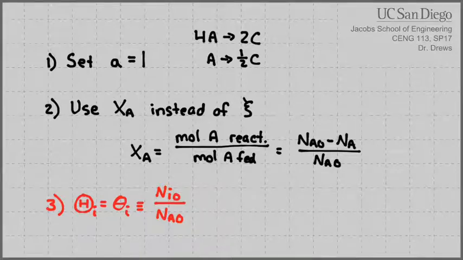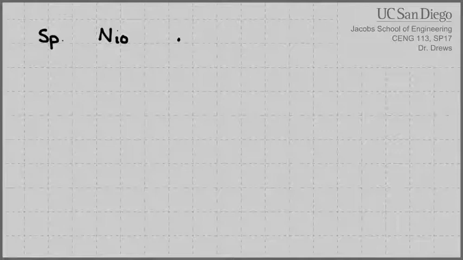The stoichiometric table will also look a little bit different. If we want to write a stoichiometric table for chemical reactions in CENG 113, it usually looks like this. Start off with the same columns. We'll still give the species, the initial, and the final.